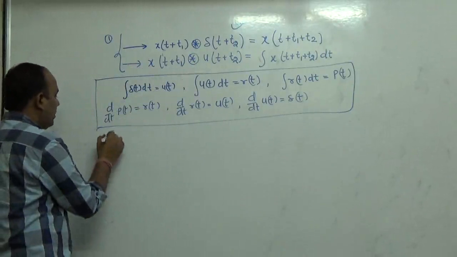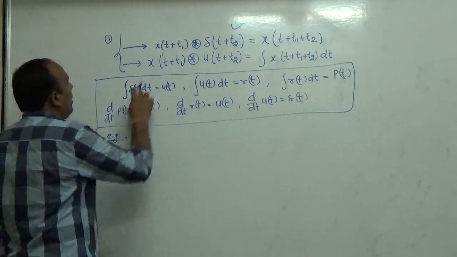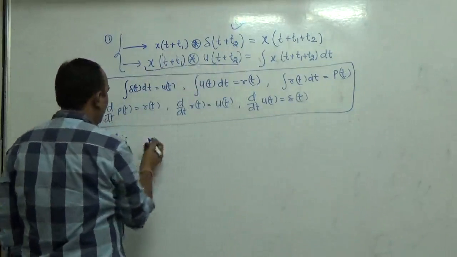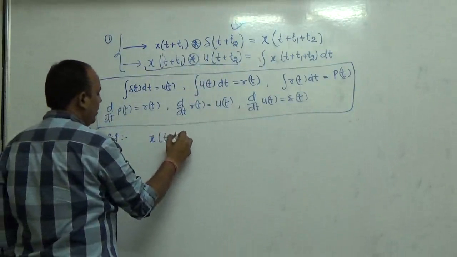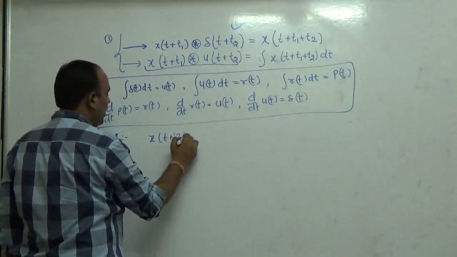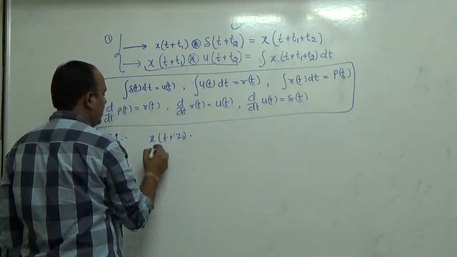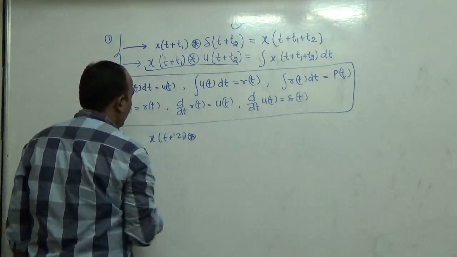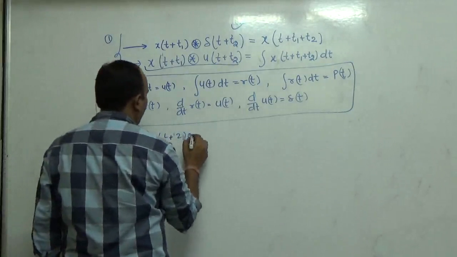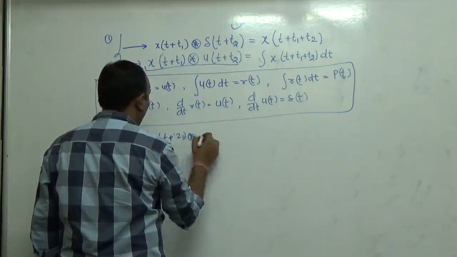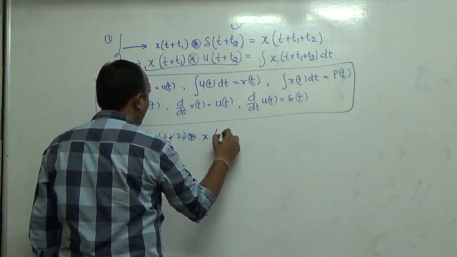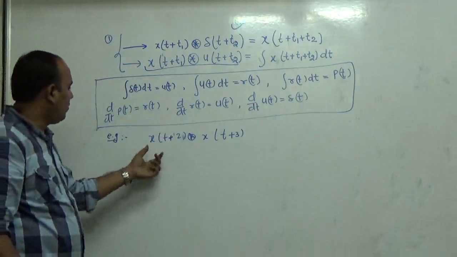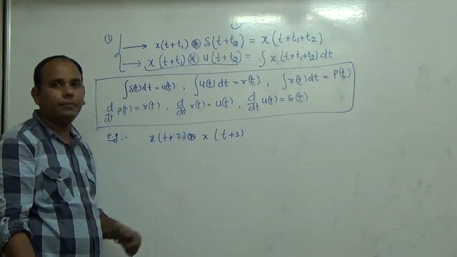So just take another example. Take some other function, x(t+2), convolved with x(t+3). So this time we have to find out the value of x(t+2) convolution of x(t+3).